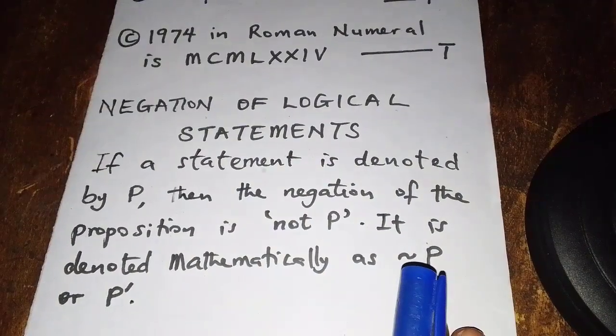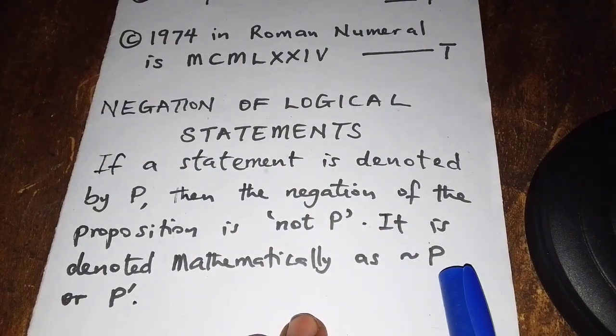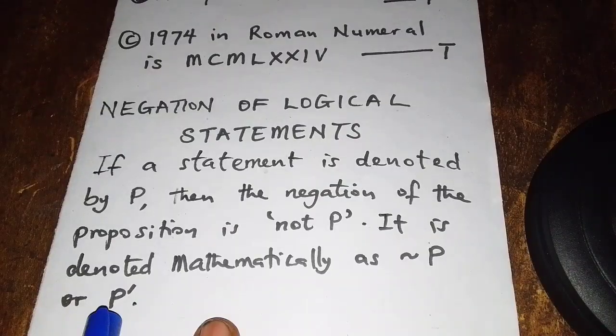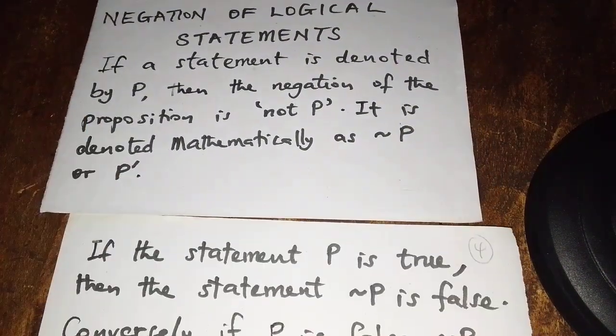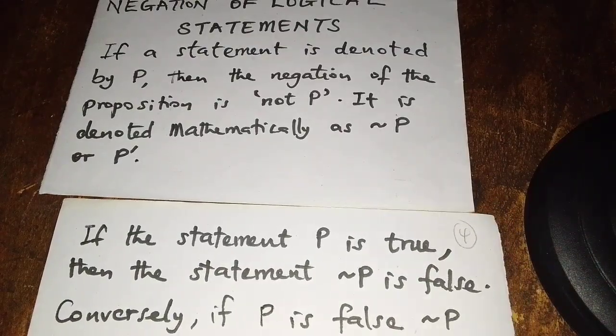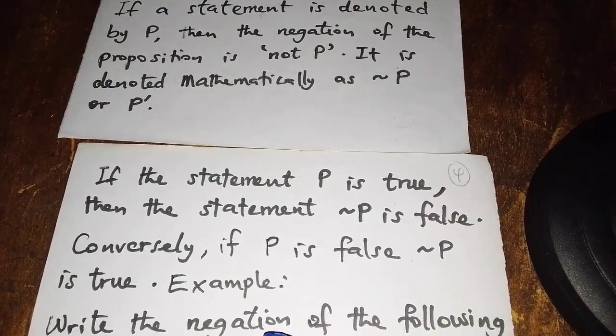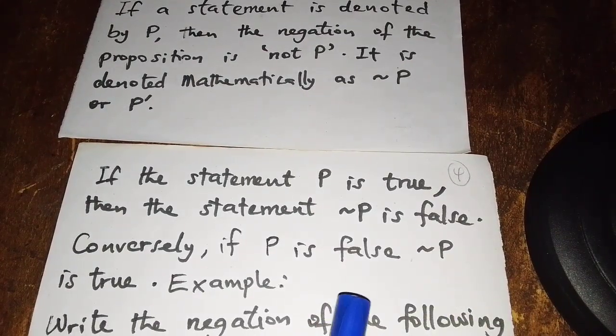It is denoted mathematically with this sign. So this is showing negation P, or you can denote it with this sign. So negation is the opposite of what you are talking about. Now, if the statement P is true, then the statement negation P is false. Conversely, if P is false, that means the negation is what?